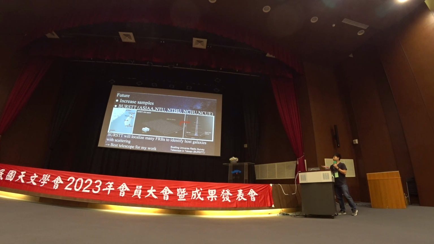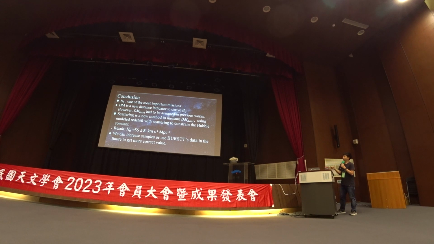Why do we use this telescope? Because it can localize many FRBs to identify the host galaxy with scattering. Easy to say, it's the best telescope for my work now.